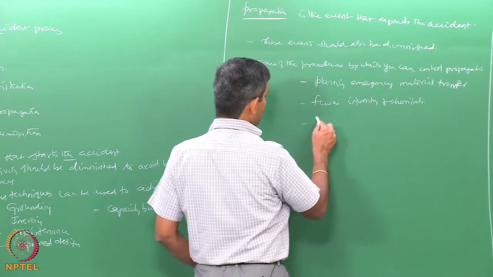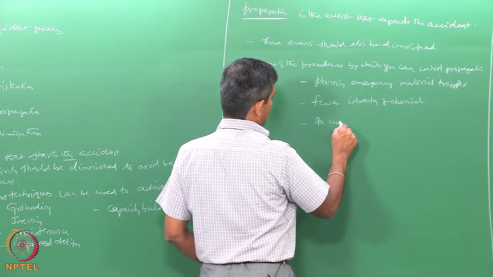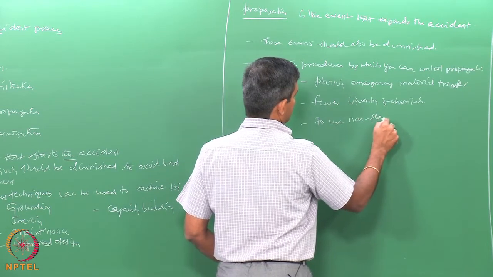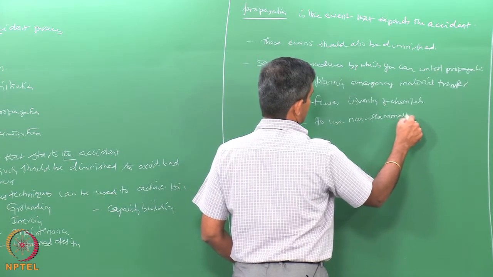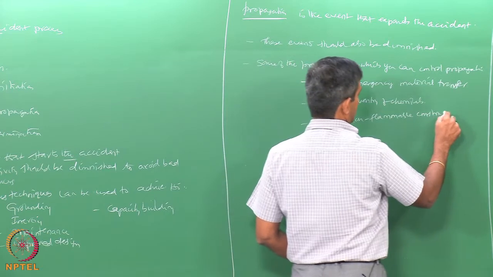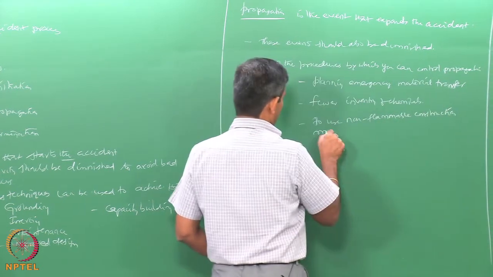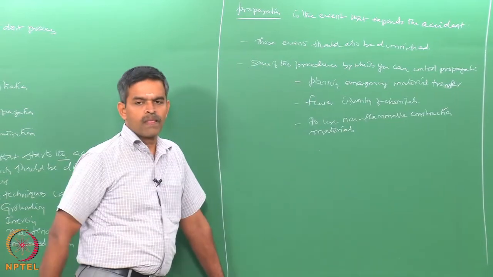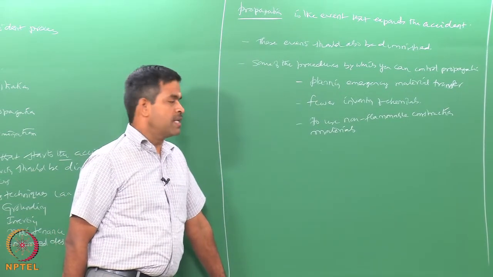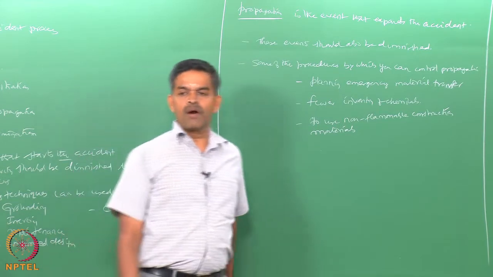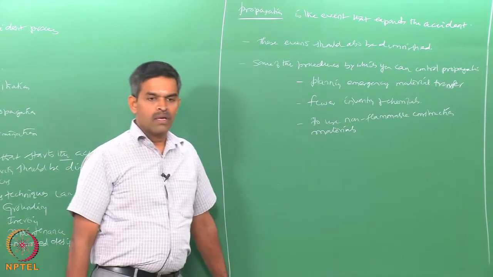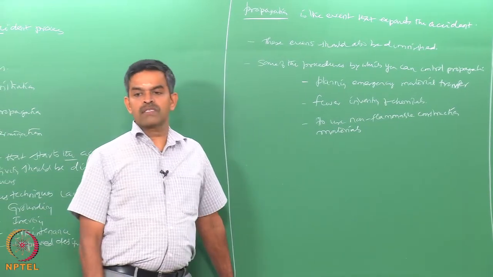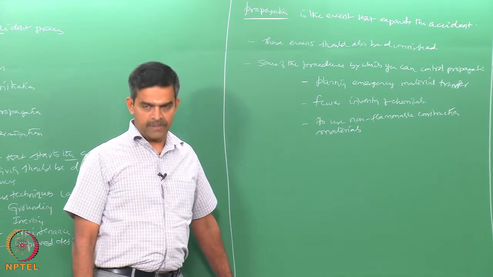It is always advisable to use non-flammable construction materials. Nowadays you see the top sides of offshore platforms, which are essentially and increasingly becoming composites, do have a temperature withstanding characteristic or fire resistant design characteristics.